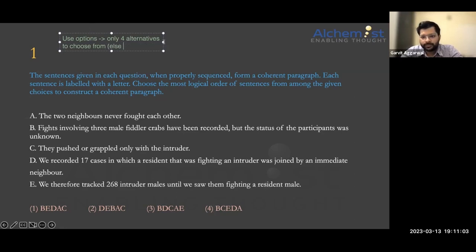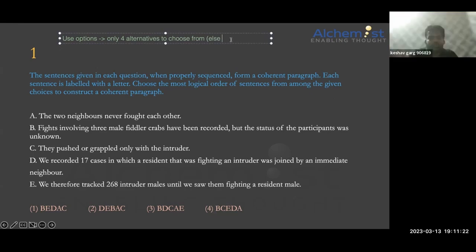ऑप्शंस तो चार ही हैं, बट ऑप्शंस नहीं होते तो कितने तरीके थे अपने पास? Number of ways of arranging these 5 sentences. कितना? 120. हाँ.